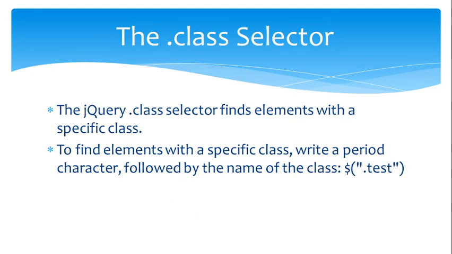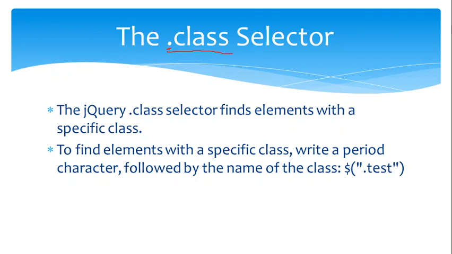The class selector. The jQuery dot class selector finds elements with a specific class. It will perform the same as id, but the class selector is represented by a dot and id is represented by a hash.